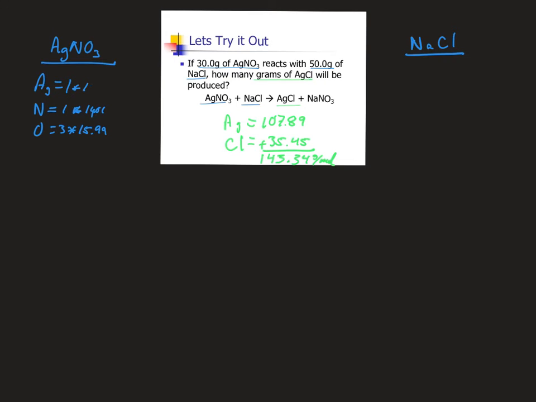And I just calculated 107.89. 107.89. 14.01. And then going through that whole process, 15.99 times 3 to give me 47.97. Add that all up.